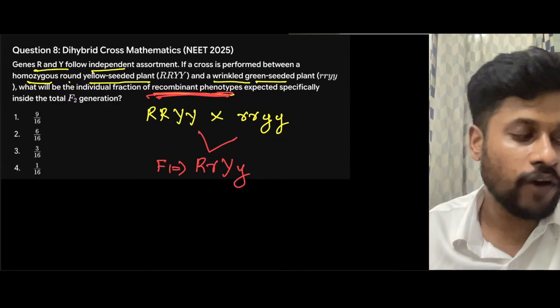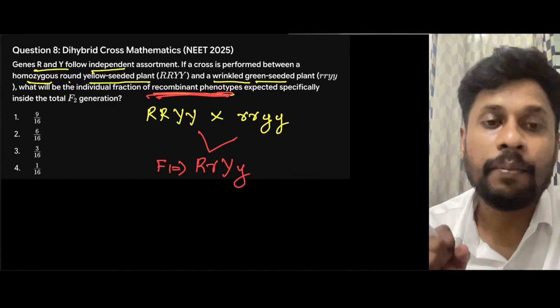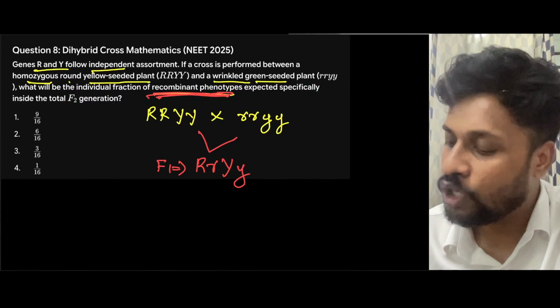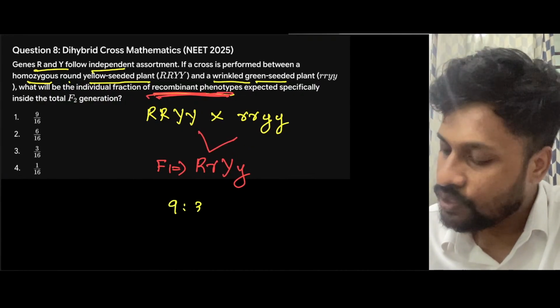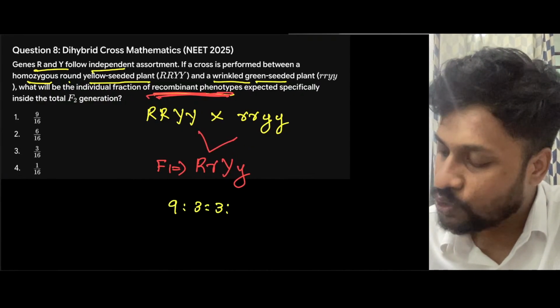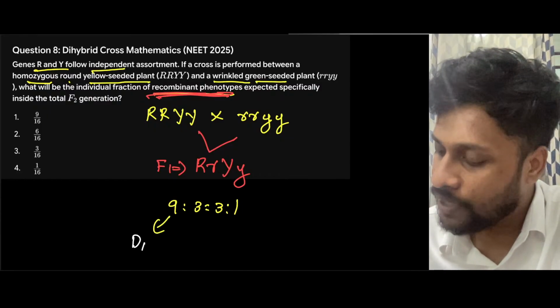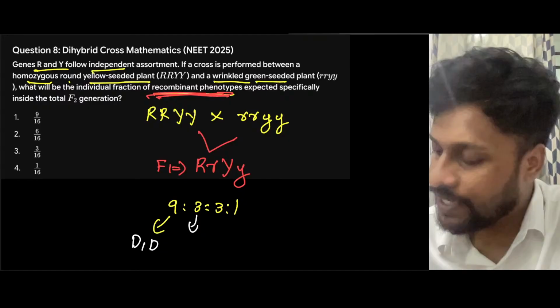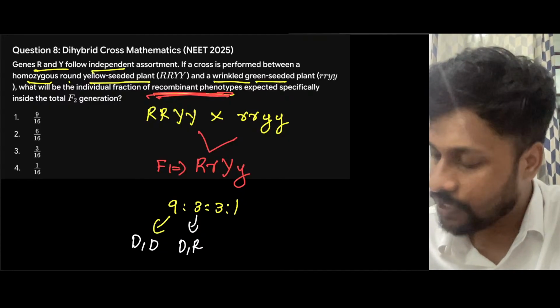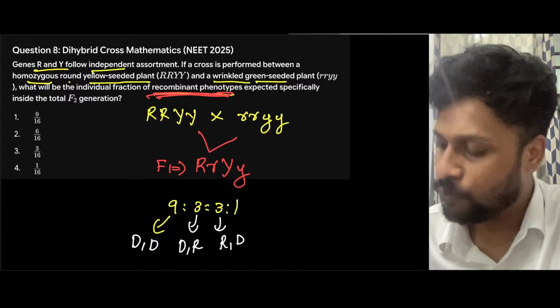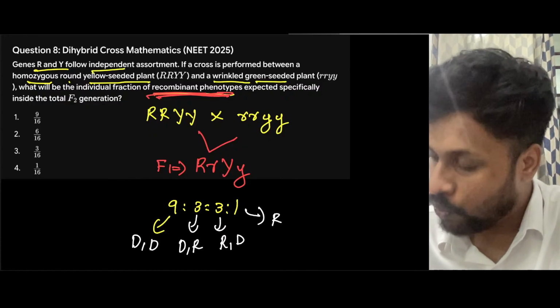If you self F1, you will get the dihybrid phenotypic ratio. You know the normal dihybrid phenotypic ratio is 9 is to 3 is to 3 is to 1. What does 9 indicate? Both dominant. What does 3 indicate? One dominant, another recessive. What does the next 3 indicate? Recessive, dominant. What does 1 indicate? Both are recessive.